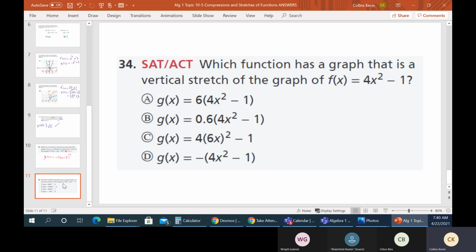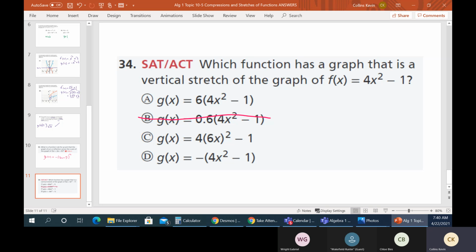Okay, so if you put a 0.6 in front of it, that's not going to be a vertical stretch, is it? Because that would be a compression, so it's not this one. Let's go ahead and see. The next one up above it, we have a 6 in front.